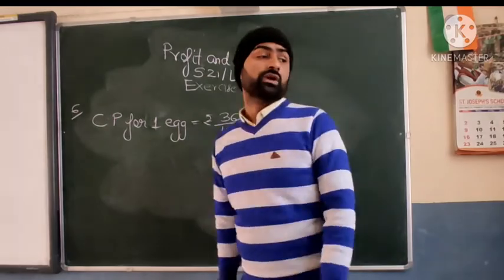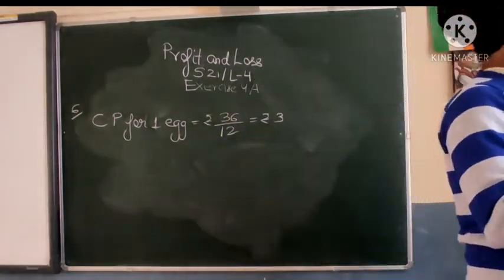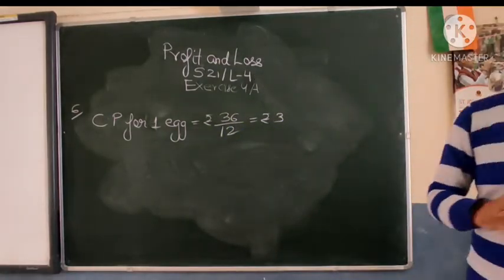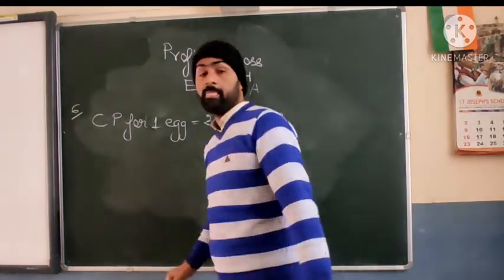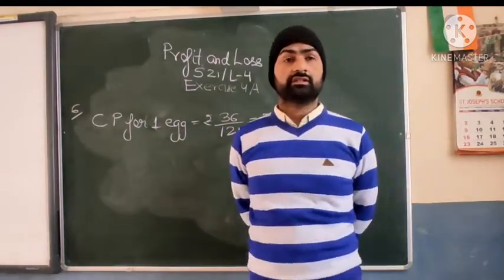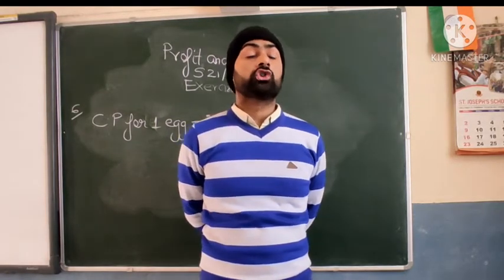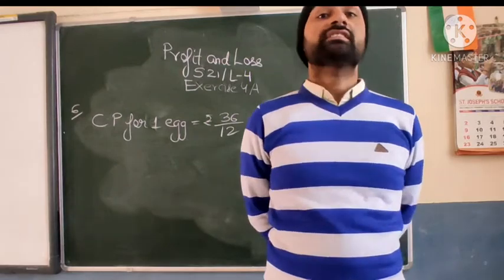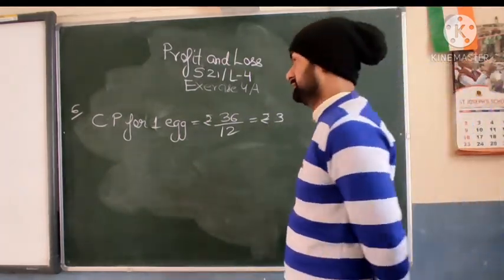Then what more is the question asking us? It is saying sold them at a profit of 40%. Now see, as I had told you in the previous lecture, profit and loss percent and profit and loss are decided on the basis of CP, that is cost price.